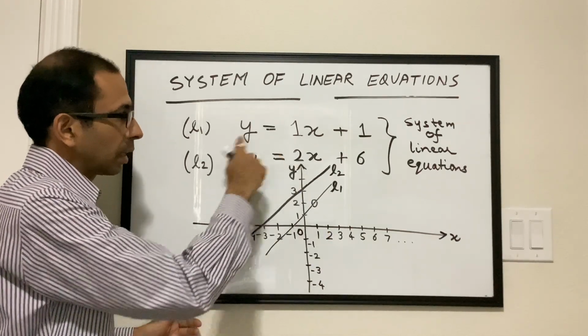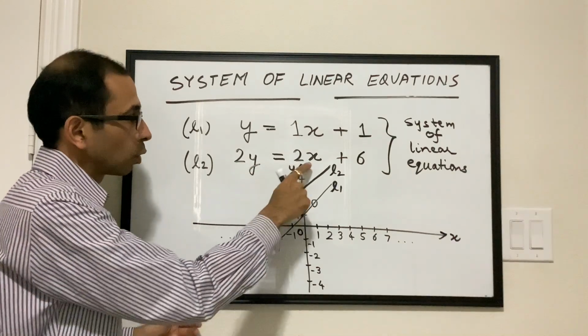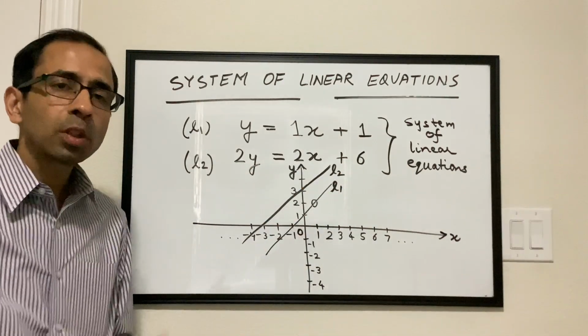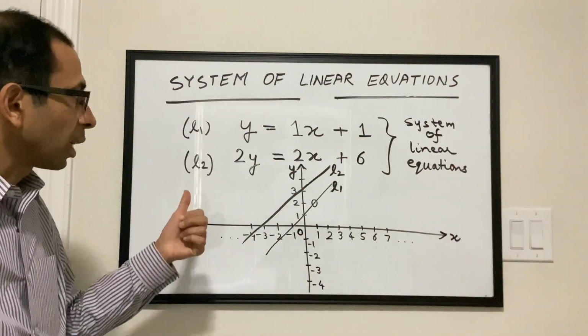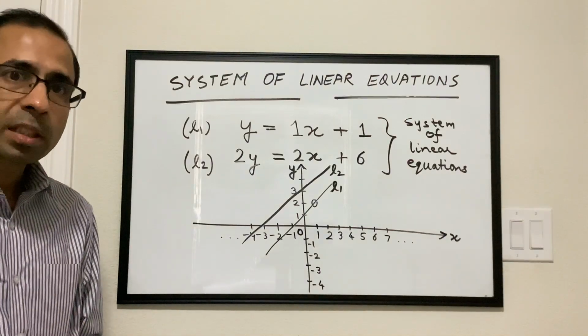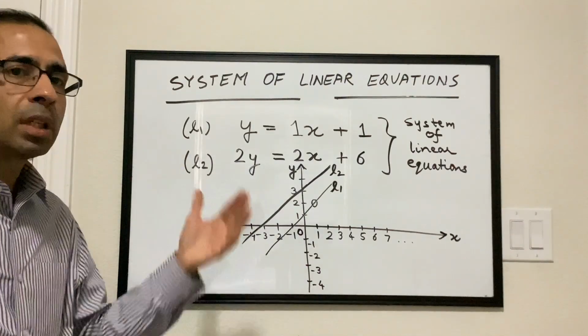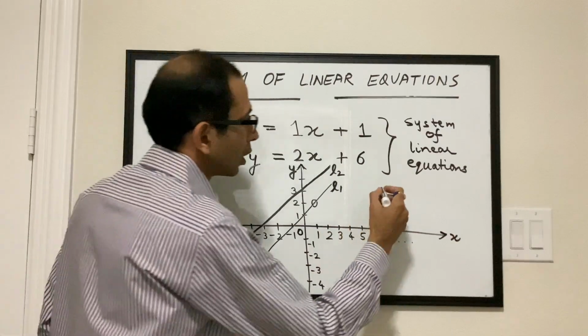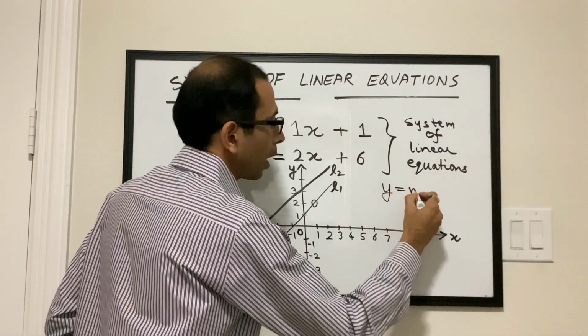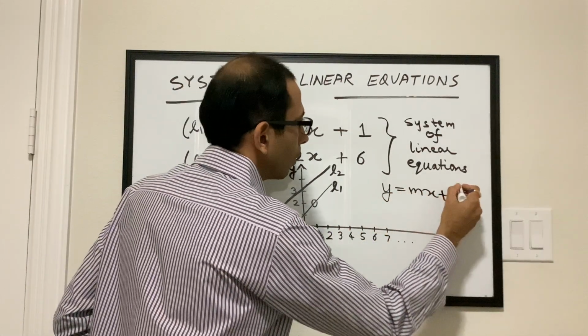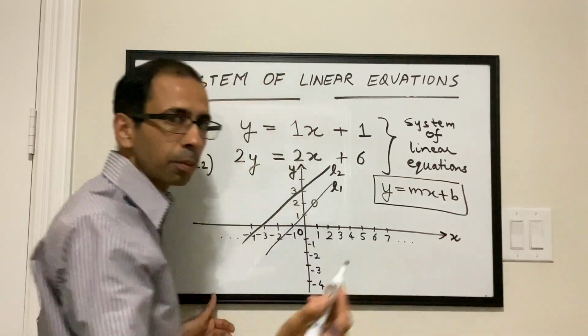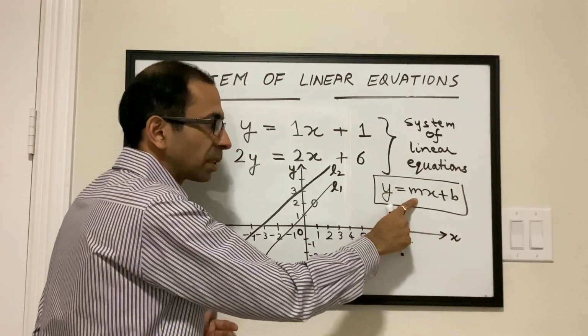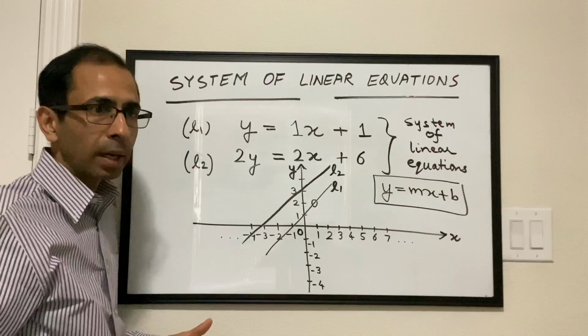Now, when we look at the second function, 2y equals 2x plus 6, as we saw in the previous sessions, before we find the slope or the y-intercept of a function, we have to reduce it to the standard form, which is y equals mx plus b. This is also called the slope-intercept form because m represents the slope and b represents the y-intercept.